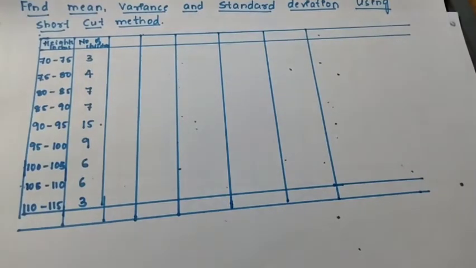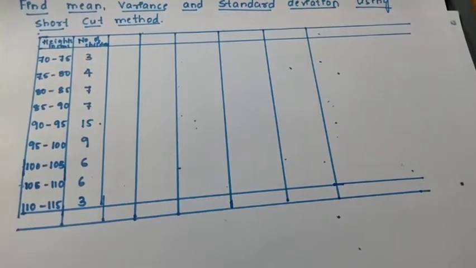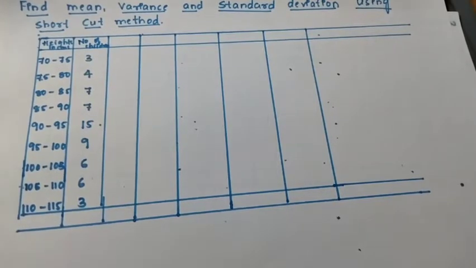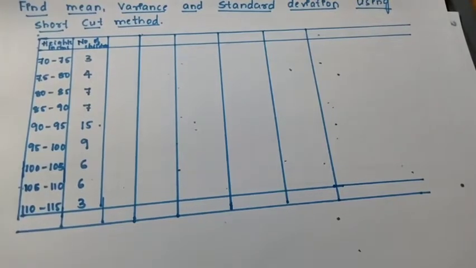For the shortcut method, you have one more formula which I had already told you. Using that formula you have to solve for the mean, variance and standard deviation.